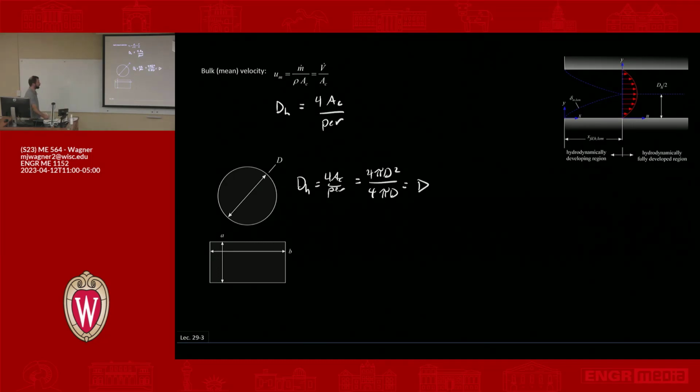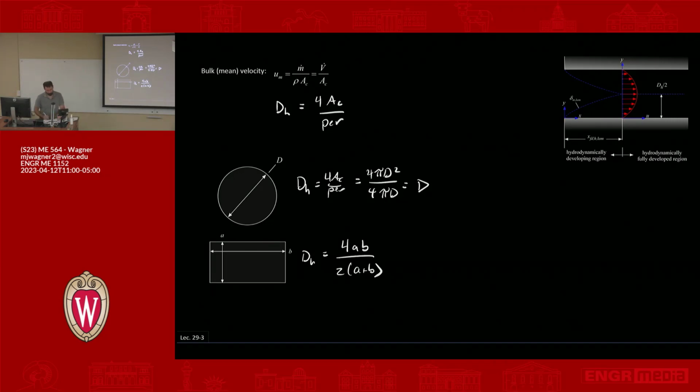It makes sense, our hydraulic diameter for a circle is the diameter. Uninteresting. For a rectangle, d_h is equal to 4 times a times b, that's our cross-sectional area available for flow, divided by the perimeter, which would be 2(a plus b). That's just your general formula.